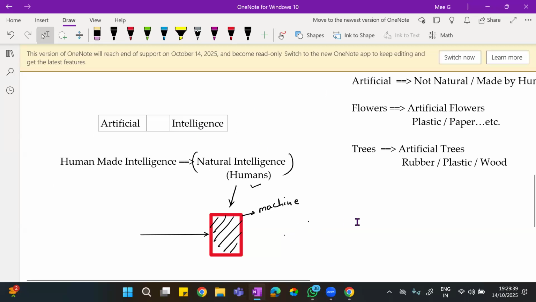Driverless cars. What is this actually? We are passing the human intelligence, the driving skills of the humans, to the machines, and that is acting like a driver. This is what is called artificial intelligence.